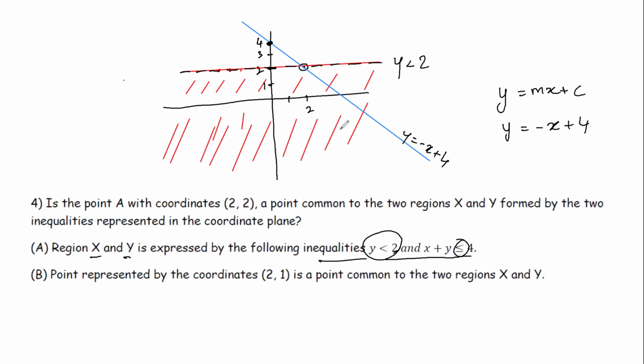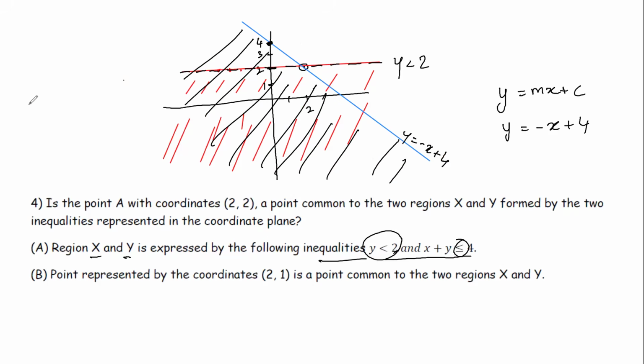Now, if you take the region below that line, it will be everything below this, correct? And the common region will be this region, which I'll put in green. This is the common region. The dotted one till here, and the solid one out here.